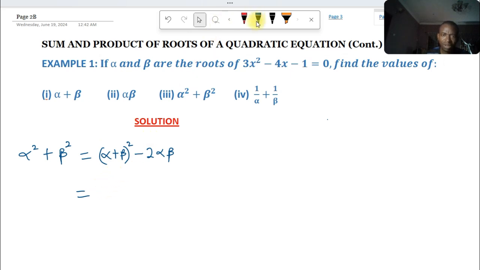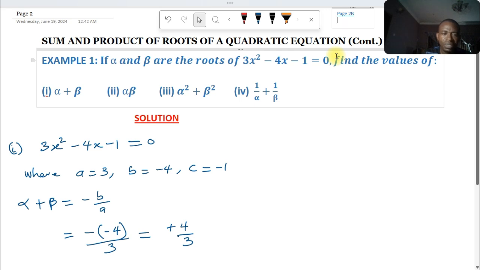So all I will write now in place of this is 4/3 squared, minus 2. What did I get for alpha beta in the previous question?